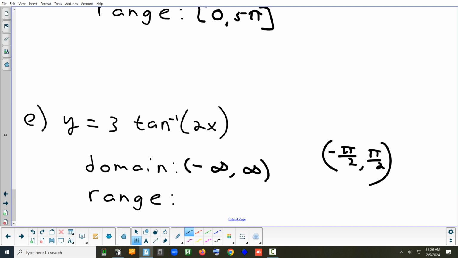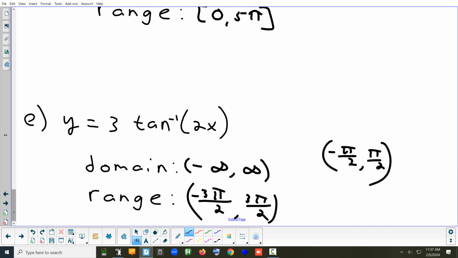We're going to stretch that by 3. So what's my new range? It would be negative 3 pi over 2 to 3 pi over 2 with parentheses instead of brackets on the sides. If you put brackets on that, it would be marked wrong. You cannot include those because those are now horizontal asymptotes. It will never reach those values.